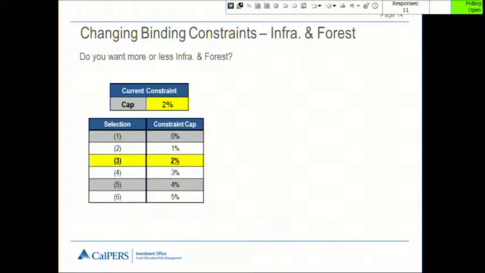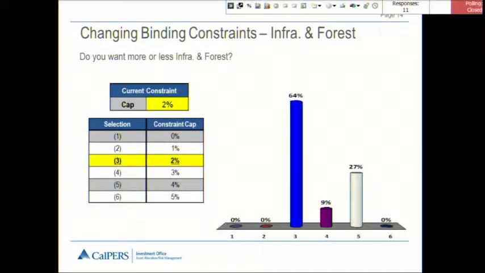Okay, we've got 11. All right, so the indication on infrastructure forest land centers on the maintenance around 2 with a directionality to increasing it.